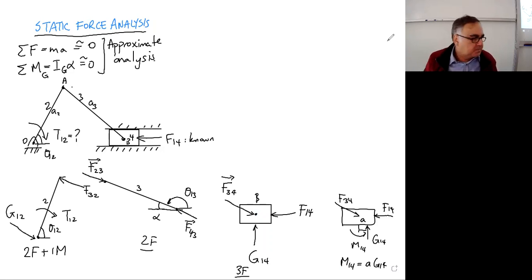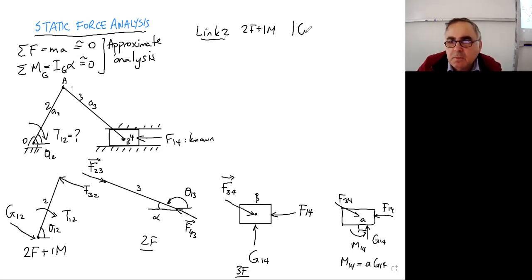Now, for link 2, it's a two-force plus one-moment member. As we see, the magnitude of G12 has to be equal to the magnitude of F32. Their directions are opposite, but it doesn't matter.